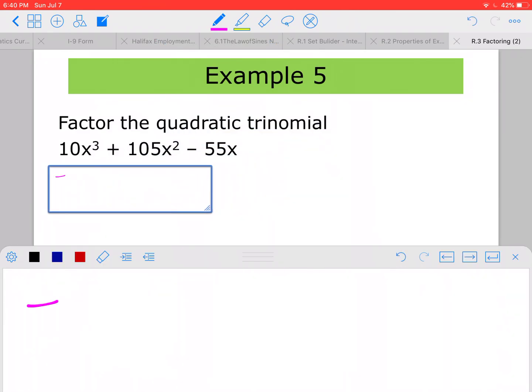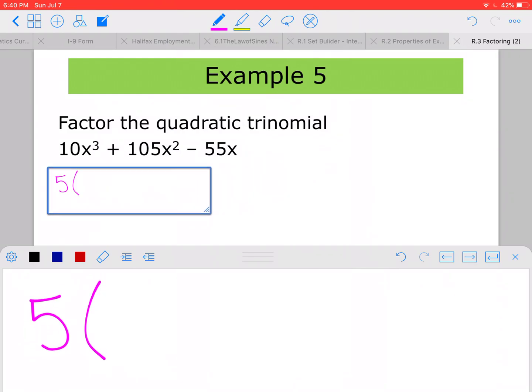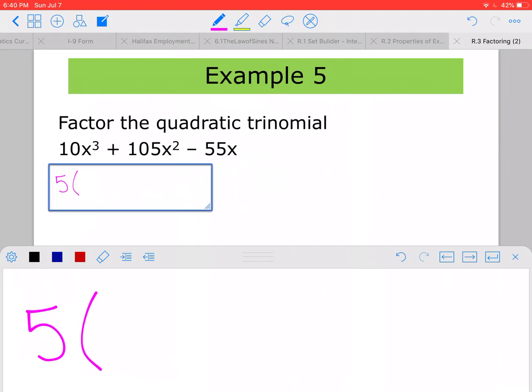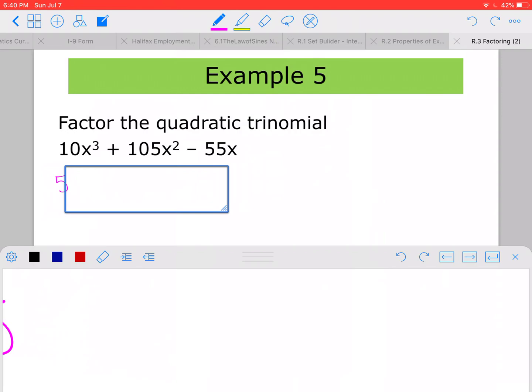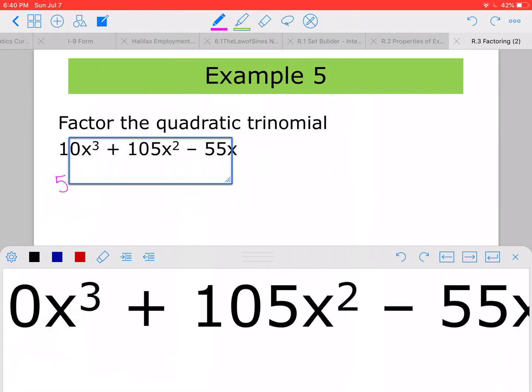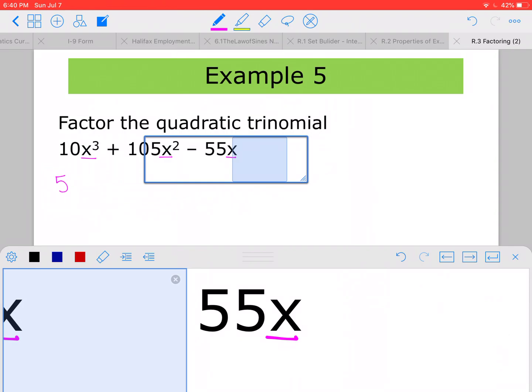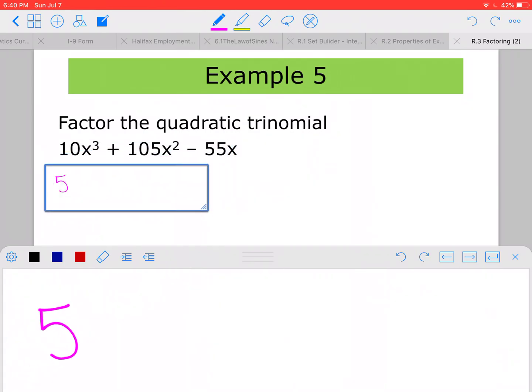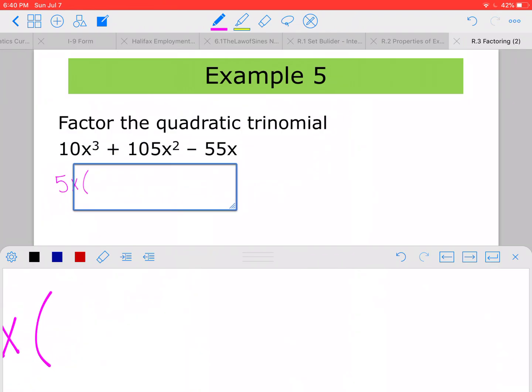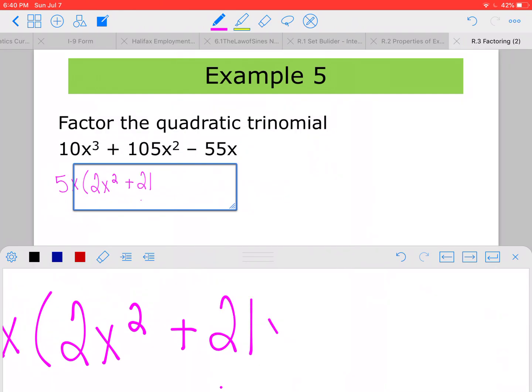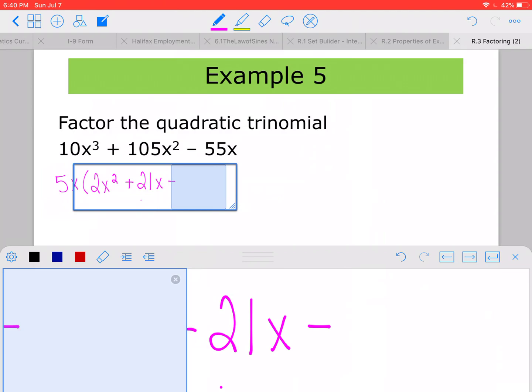So if we factor out a 5, then we're left, oh, oops, there's something else. We've got x cubed, x squared, and x. So an x can also factor out. So we're factoring out a 5x. That leaves us with 2x squared plus 105 divided by 5 is 21, so 21x minus, and 55 divided by 5 is 11.